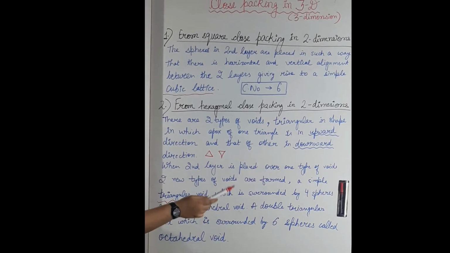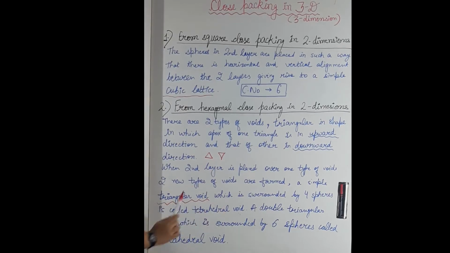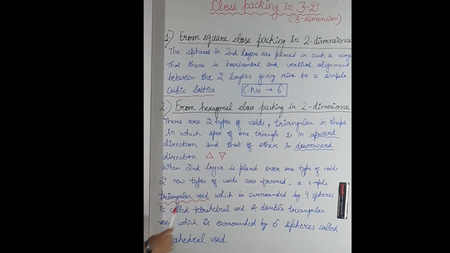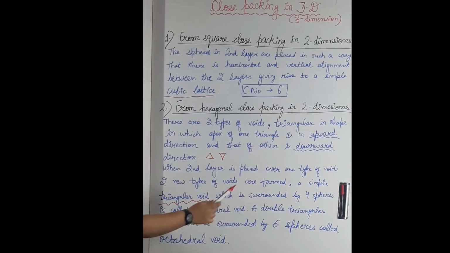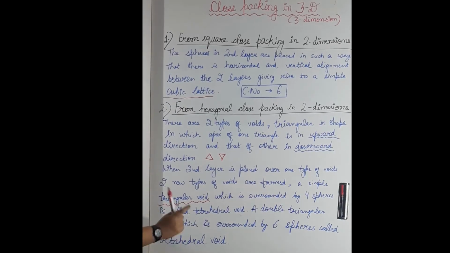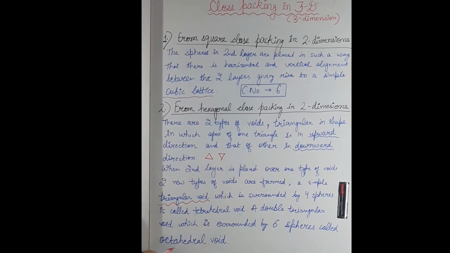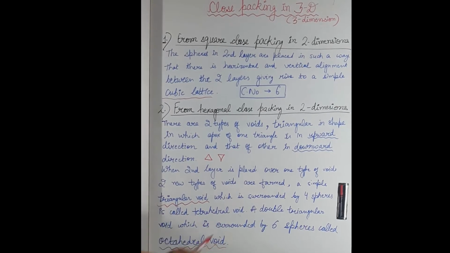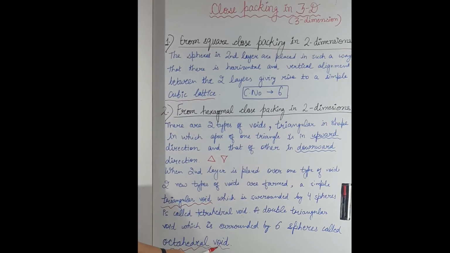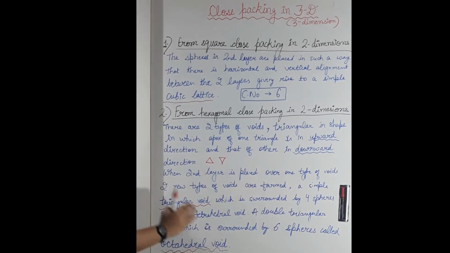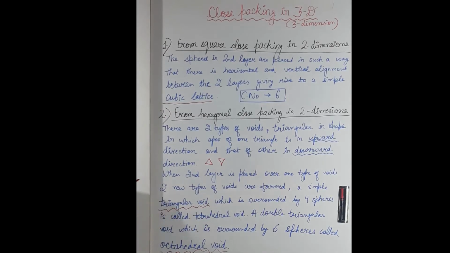So the coordination number of a simple triangular void is 4, called a tetrahedral void, and a double triangular void which is surrounded by 6 spheres. So the coordination number of a double triangular void, remember this, is 6, called an octahedral void. Guys, if you write this in your exam, you will get 3 out of 3 or 4 out of 4 marks depending upon the question.